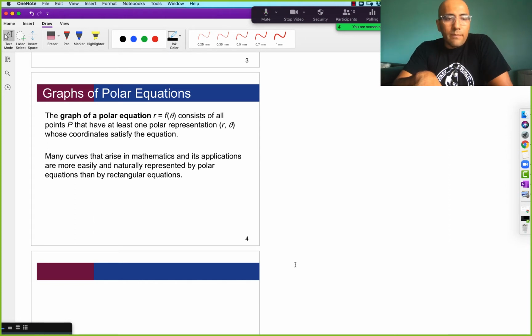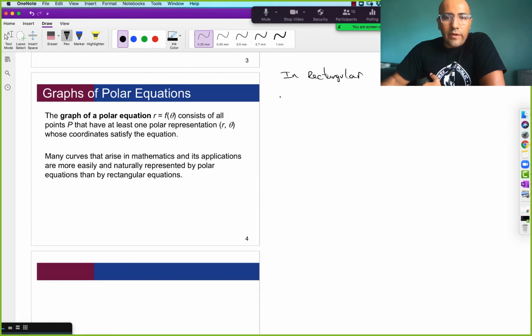Many of these curves arise in mathematics and applications. Okay, so this is akin to our rectangular coordinate system, right? If we define in rectangular, we have something like y equals f of x.